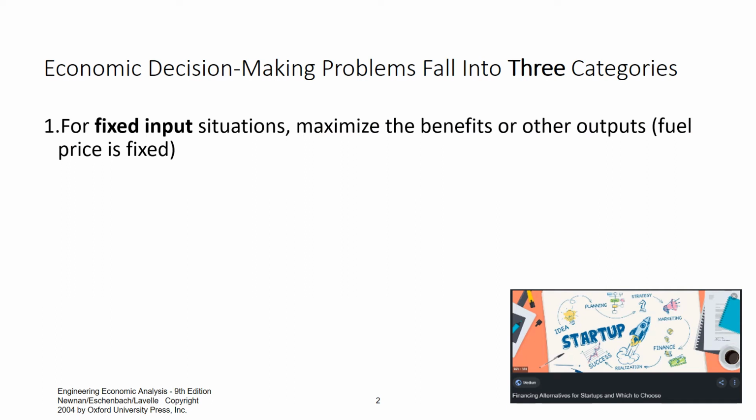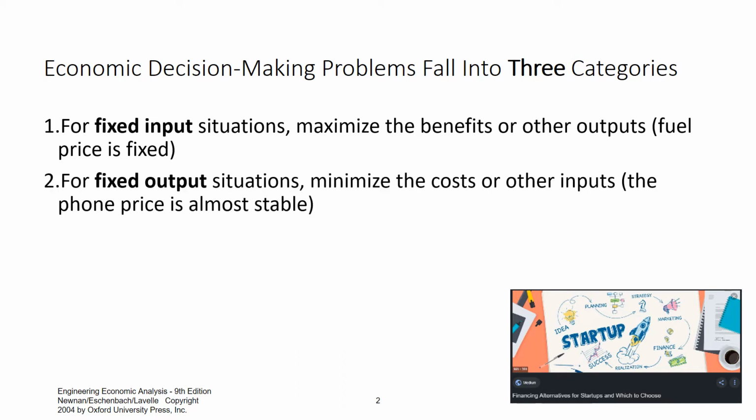Economic decision making problems fall into three categories. One, for fixed input situations, maximize the benefits or other output. For example, here the fuel price is fixed. Two, for fixed output, we try to minimize the cost or other inputs.